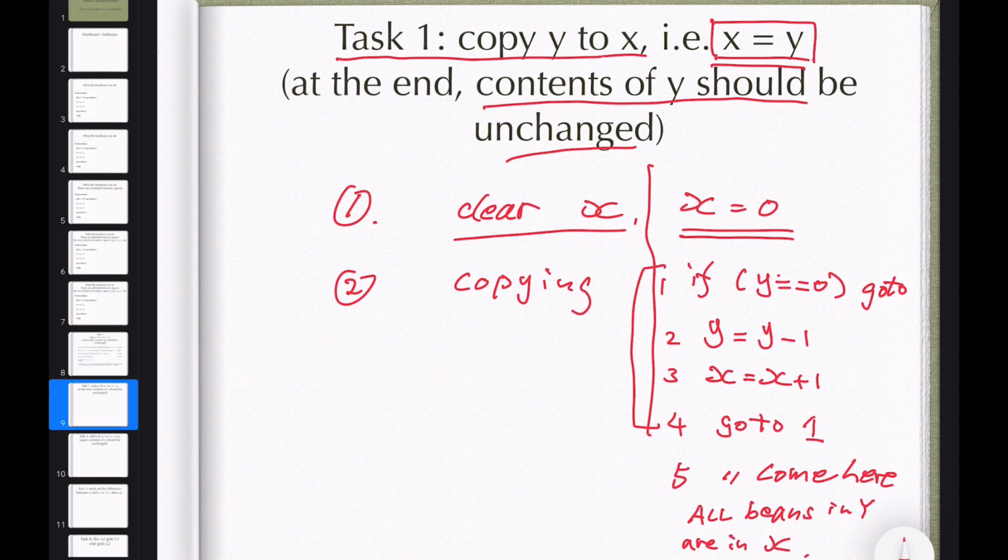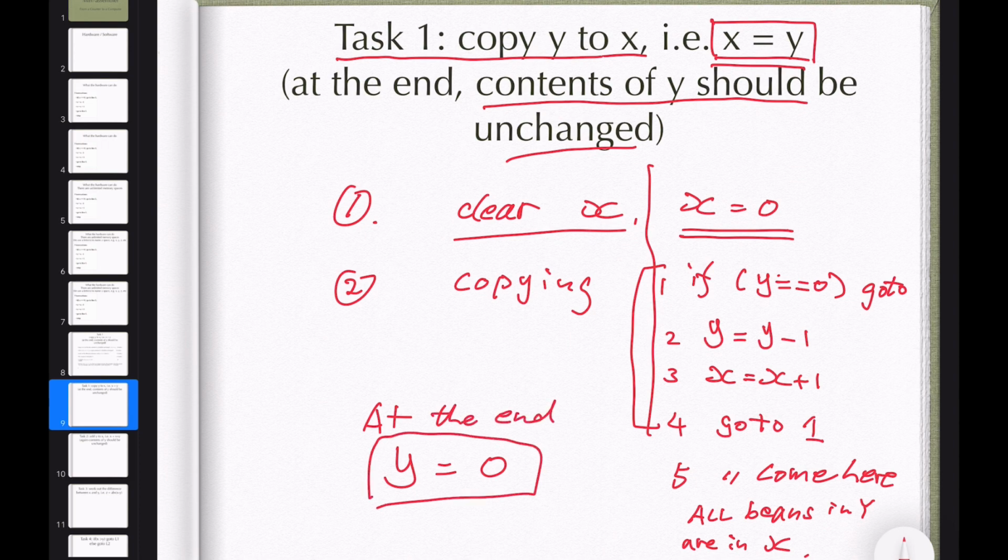Now we have a problem with this solution, which is that after we do this loop, y will have nothing left. So at the end, y is left with nothing, which is not what we wanted.